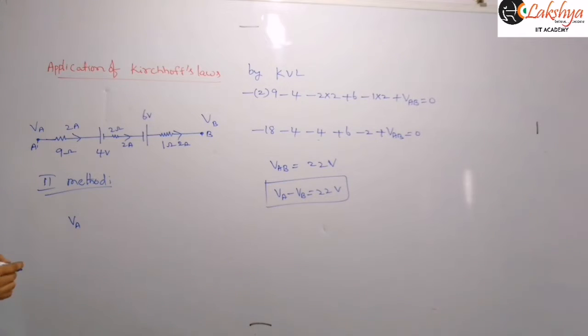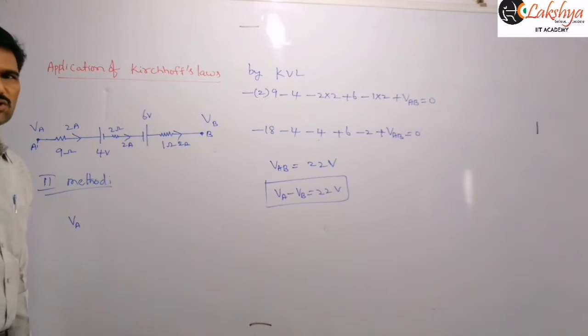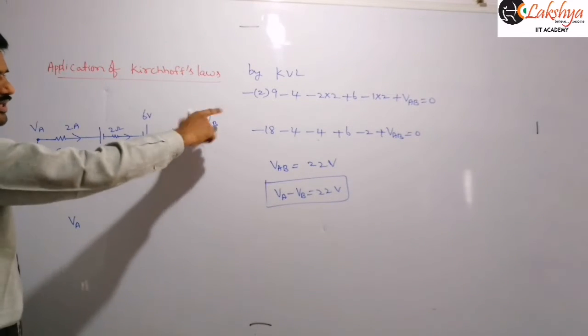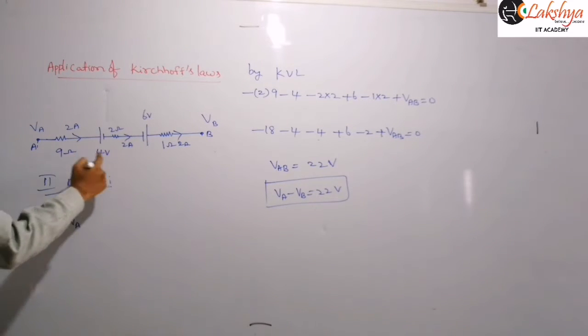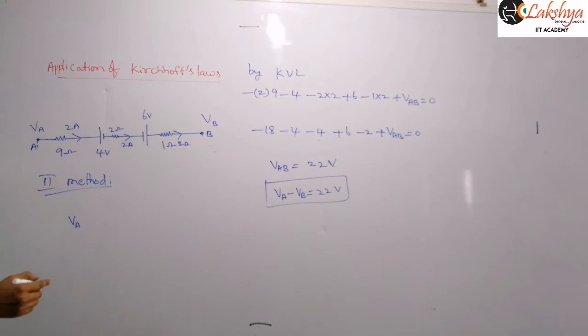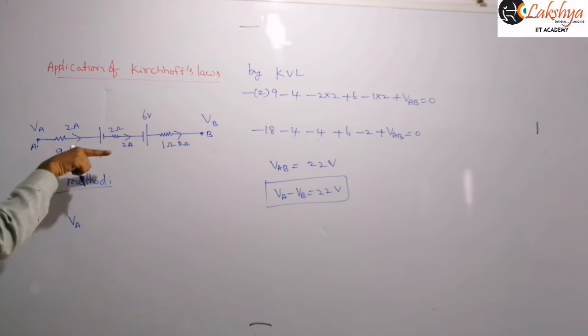as VB, right? So we assume the first point as VA, that means positive sign only we consider here. And next for these elements we apply our usual sign convention, and for the last point we consider that potential as negative, that means minus VB we will write. For intermediate we apply our usual sign convention here. And this usual sign convention means here resistance is there and we are following in the direction of current.